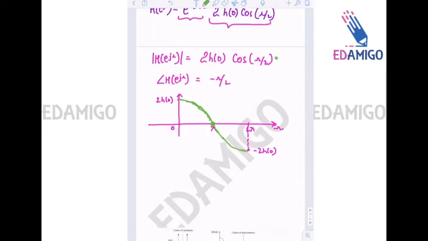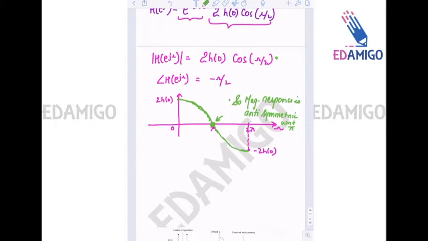Okay, so I can say that the magnitude response is antisymmetric with respect to pi.